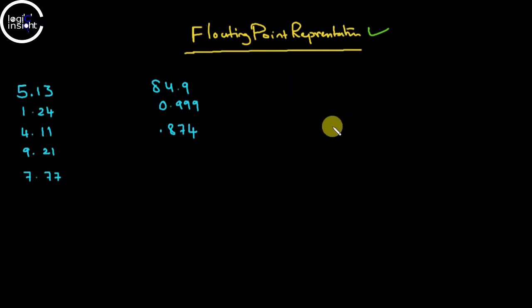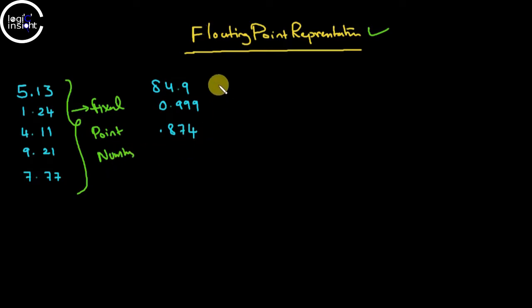Before understanding floating point representation we should know the basic fundamentals. You can see what is common in all these numbers: the dot is at a fixed position for all of them, so these are called fixed point numbers.